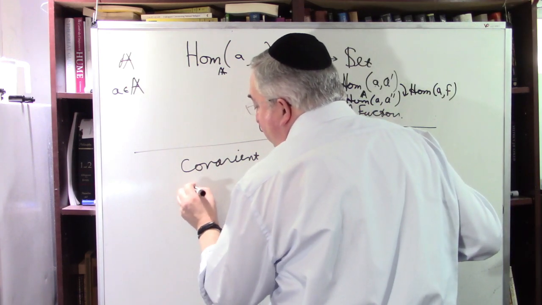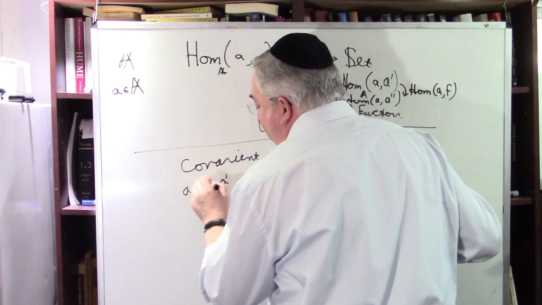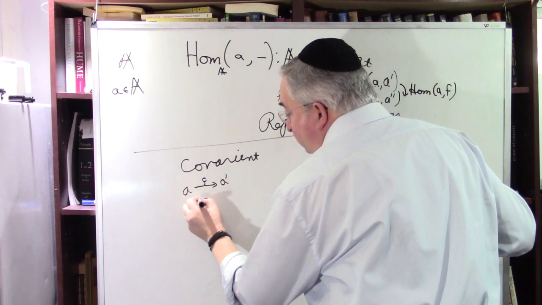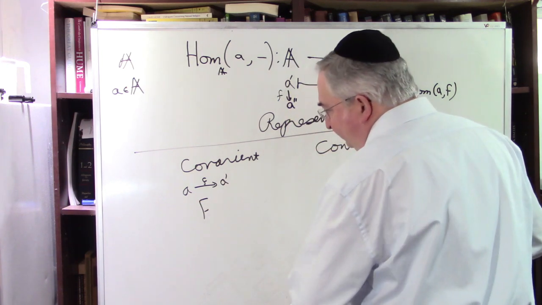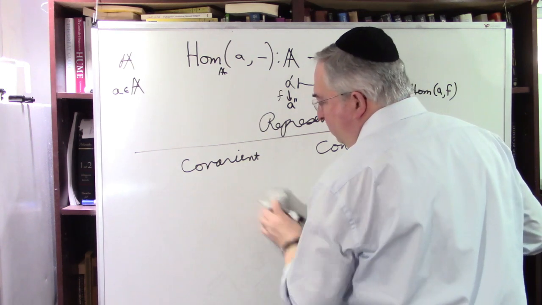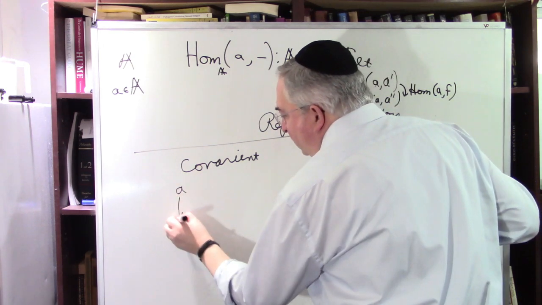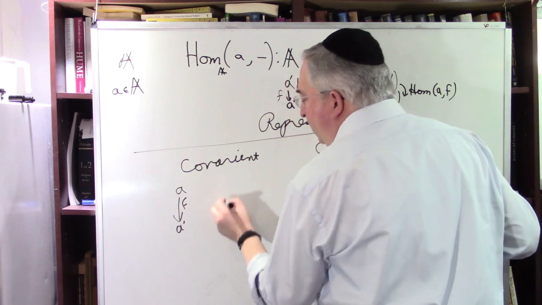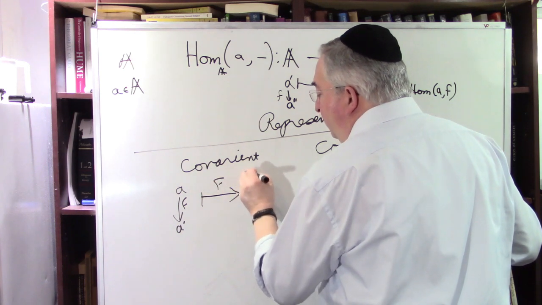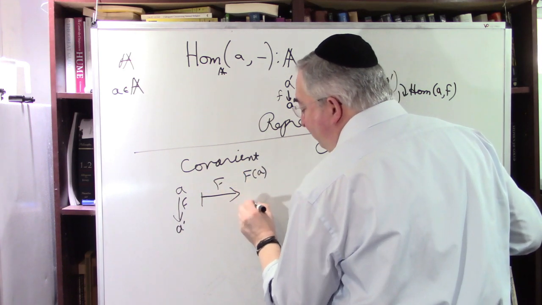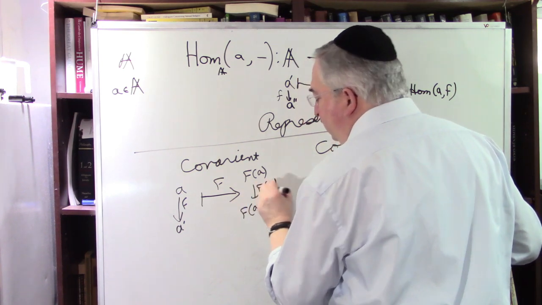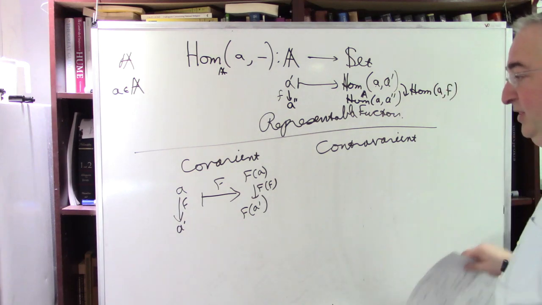The main point is as follows, that a map from A to A prime with a covariant functor F goes from F of A to F of A prime. Okay, we'll call that F of little f. Great. In contravariant, it's much more interesting.